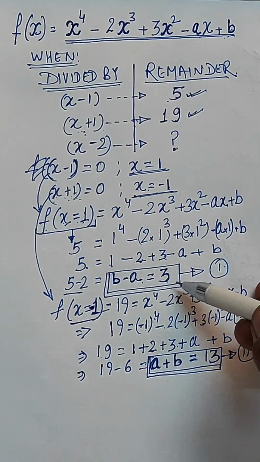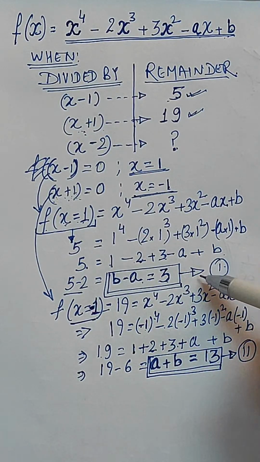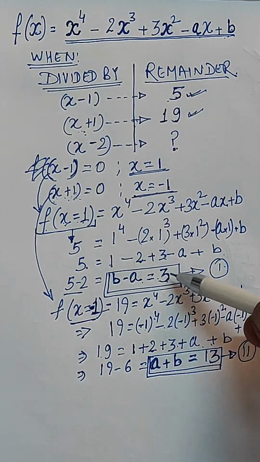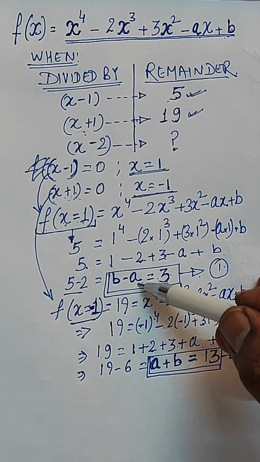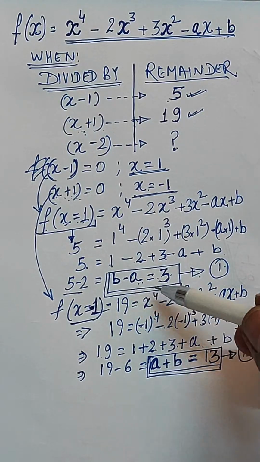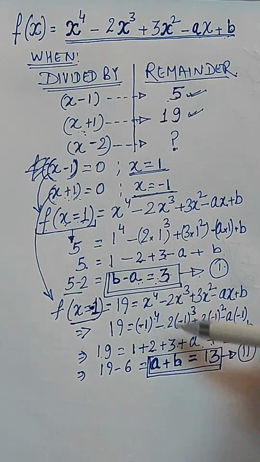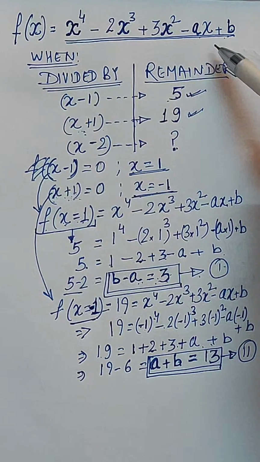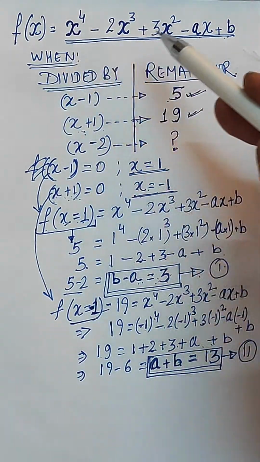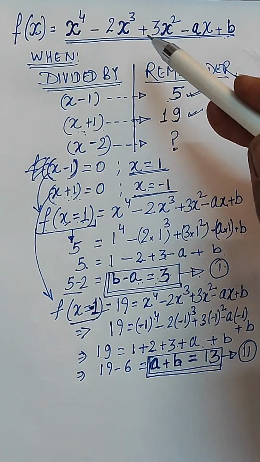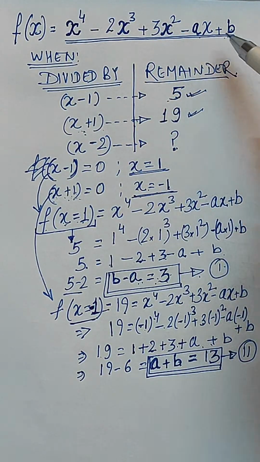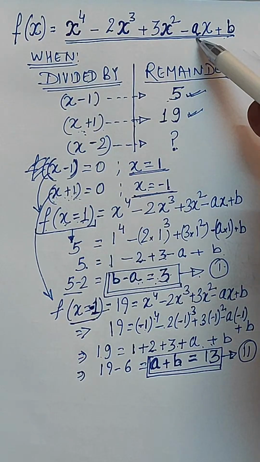Why did we just arrive at these two equations? Because we will need to solve them, and we have equations in two variables, and the two variables are a and b. When we solve it, we get the value of a and b, and when you put the value of a and b over here, then you get the real function of x, where only x will be the variable, no a, no b, no any extra variables.